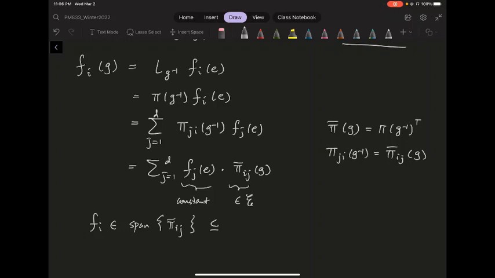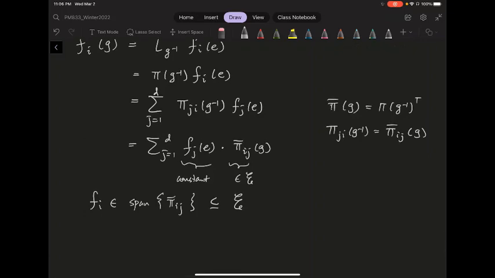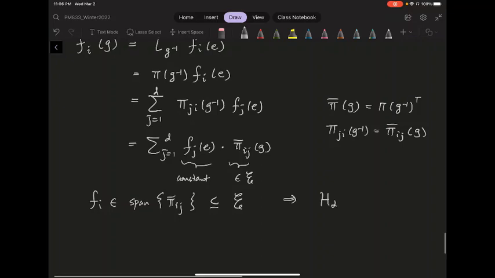So that's clearly inside the E, okay? So actually inside the E of the pi bar. So I finished the proof that each of these basic vectors inside the H alpha is going to be inside E. That just finished the proof that the H alpha is actually inside E as well.